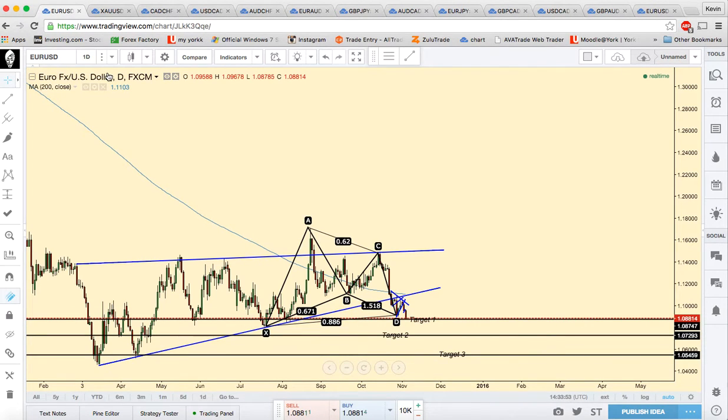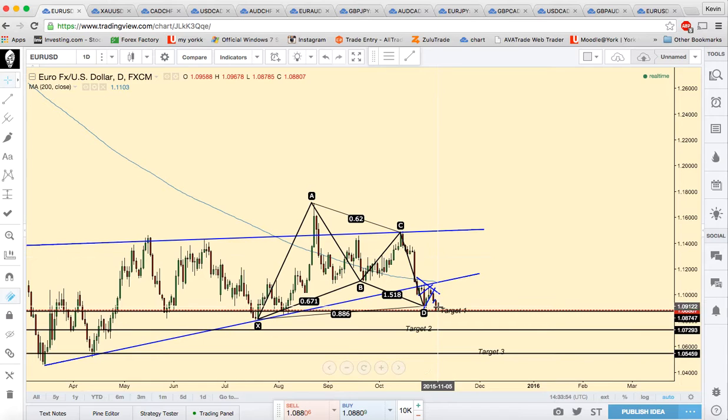For Euro USD, we might have a pattern around the first target, so 1.0888. But I have to see if it's kind of bullish at the moment. Like when I take the trade, at the moment it's pretty bearish.